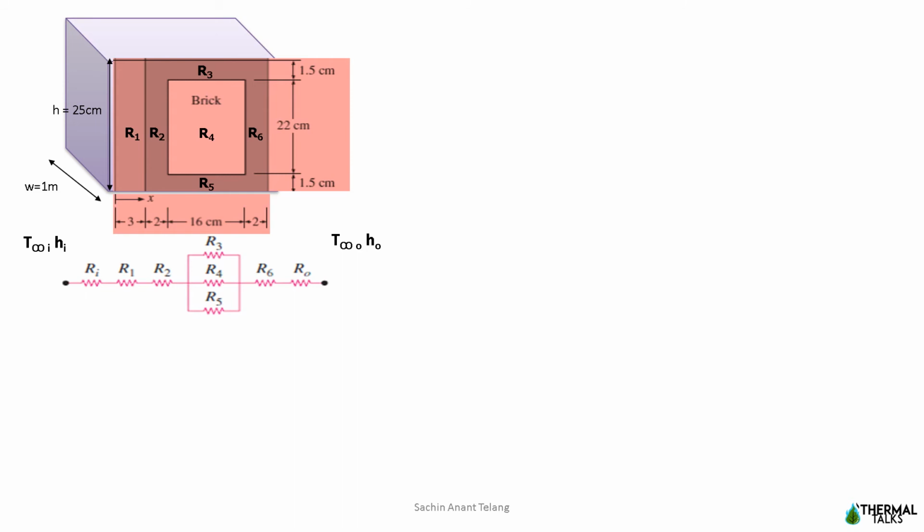R1 is conductive resistance within the foam. R2 is conductive resistance within the plaster or cement, and R3, R4, R5 are effective resistances within the materials, cement and the brick. R6 is again conductive resistance, and RO is convective resistance from the outside of the wall to the outside fluid.